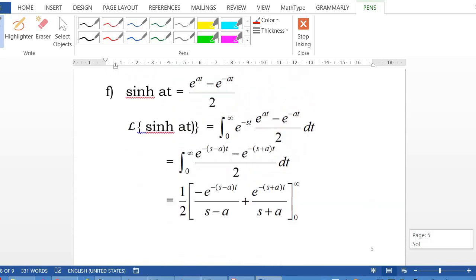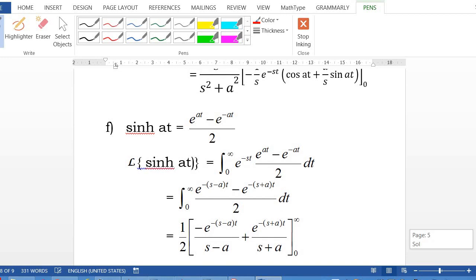Okay, we're going to show the Laplace transform for hyperbolic sin at. And as you know, sinh at is exponent at minus exponent negative at over 2.